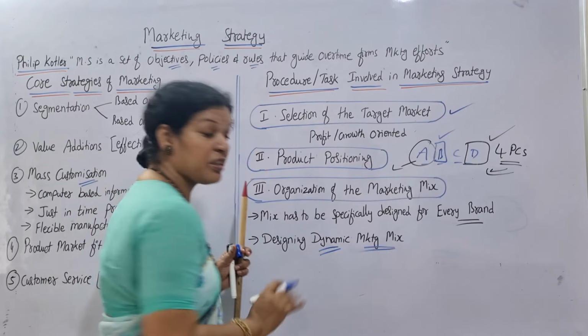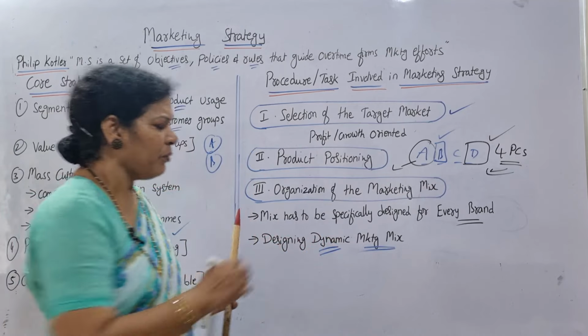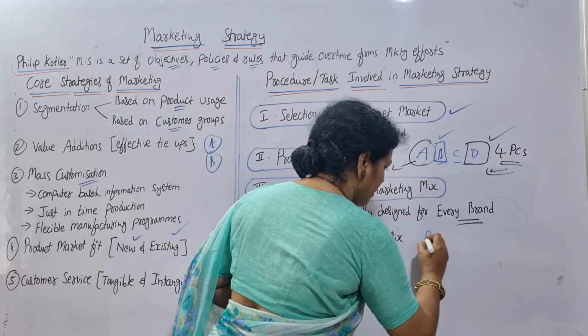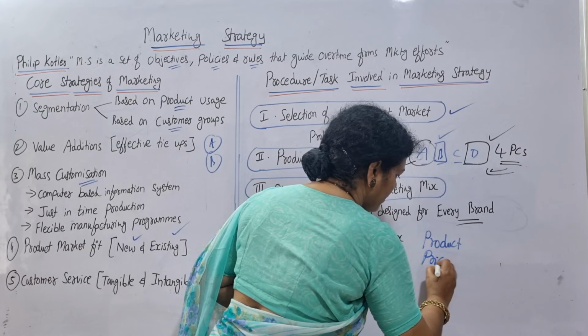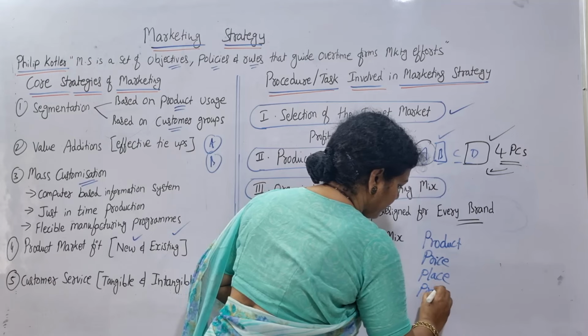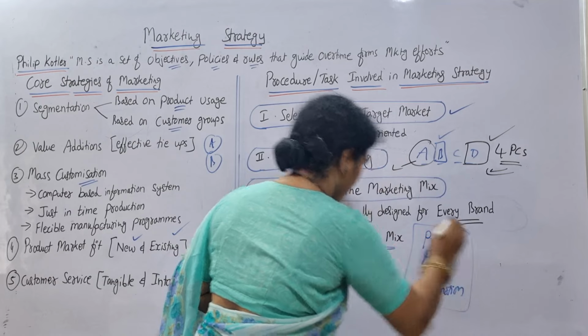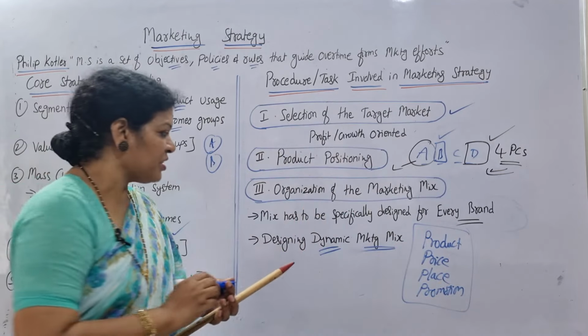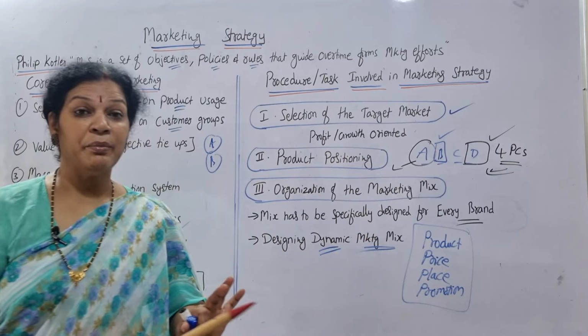This marketing mix should be dynamically prepared. What are the 4 P's? As I said, product, price, place and promotion. So this design should be a dynamic mix.